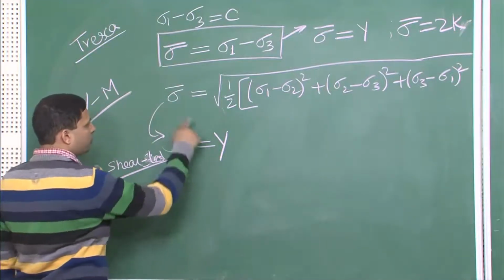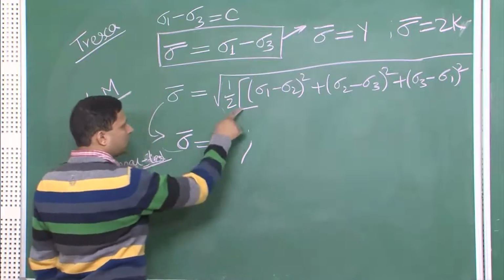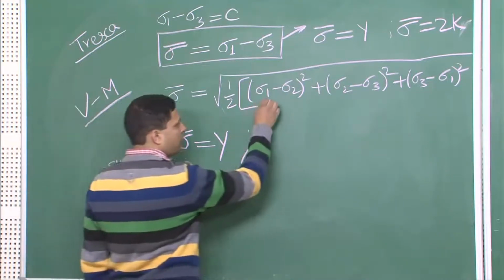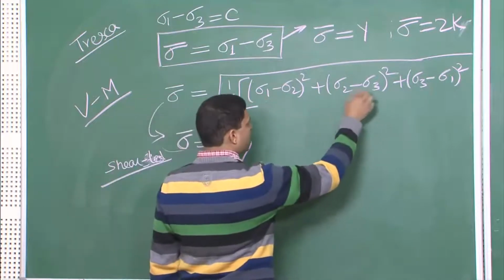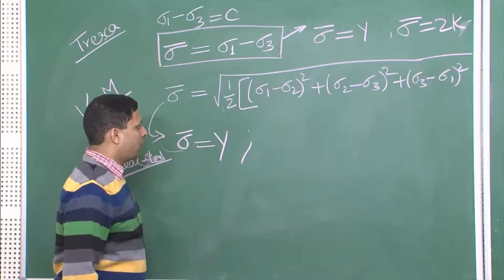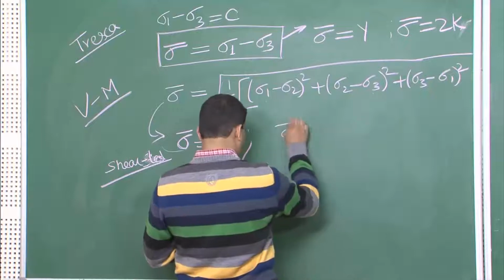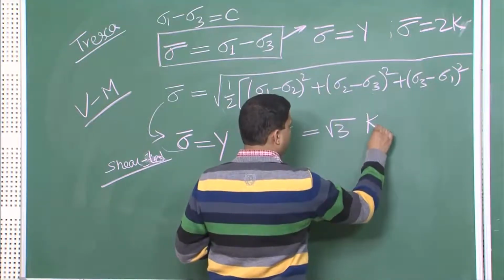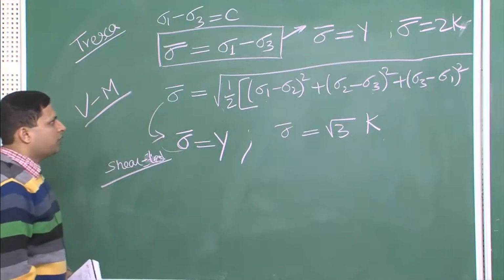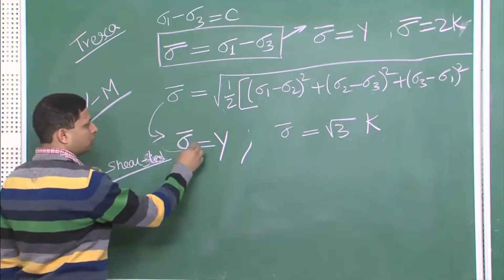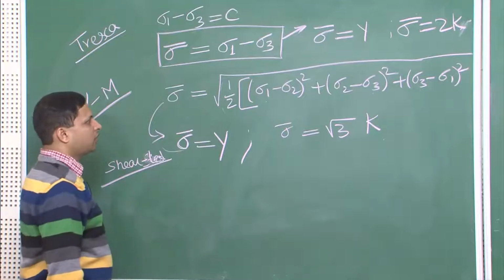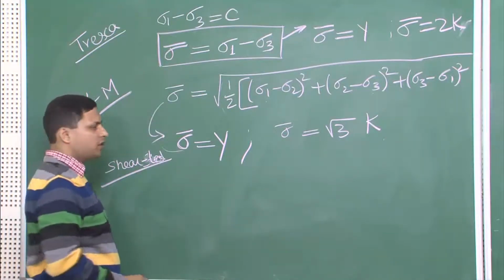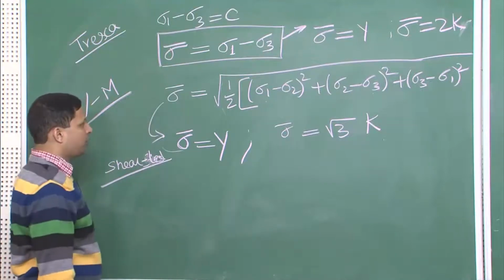Now similarly, if you put the shear test condition in the von Mises expression, we have sigma 1 equal to plus k, sigma 3 equal to minus k, and sigma 2 equal to 0, and what you will see is that sigma bar comes out to be root 3 k. This is just for your information, that these are the values that you will get when you assume the Tresca criterion and when you use the von Mises condition.